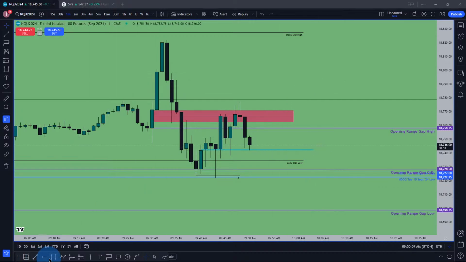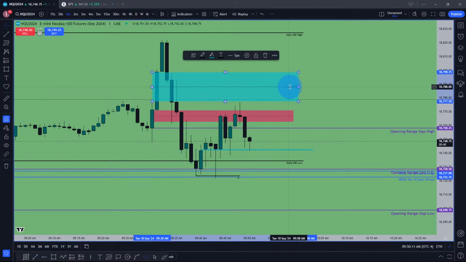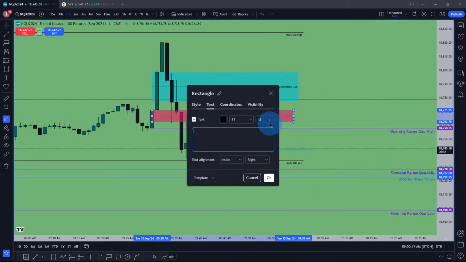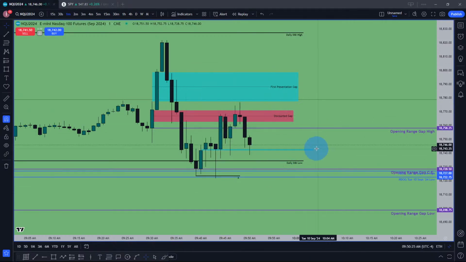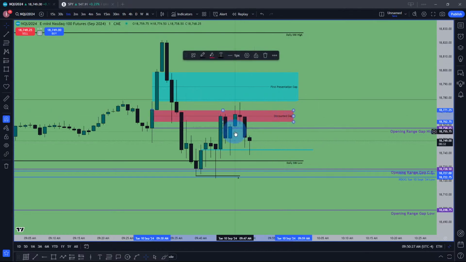Yeah, but if it looks better visually, I'll do this. So, it makes more sense. Well, now it's a premium, so I don't know why I wrote it down.